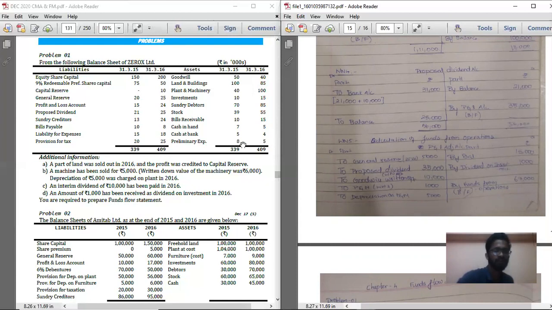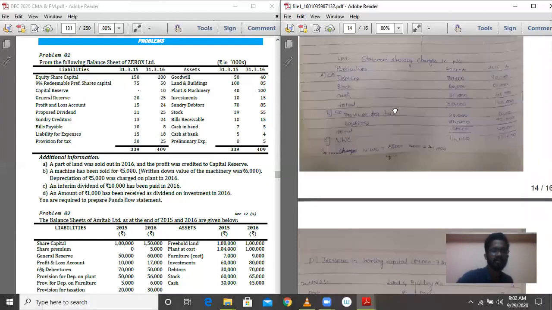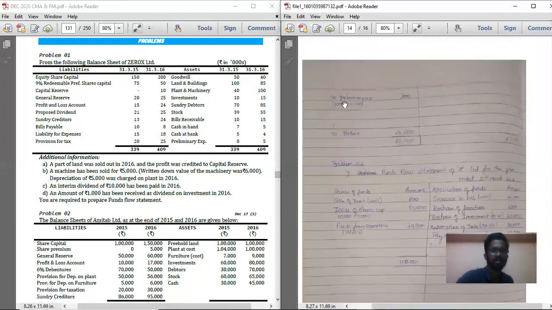So to preliminary expenses, record on the debit side, because preliminary expenses are coming down and you have settled it using the profit. So 8,000 minus 5,000, the remaining 3,000, is debited to the P&L account. So to preliminary expenses, within bracket 8,000 minus 5,000, record 3,000 in the amount column.